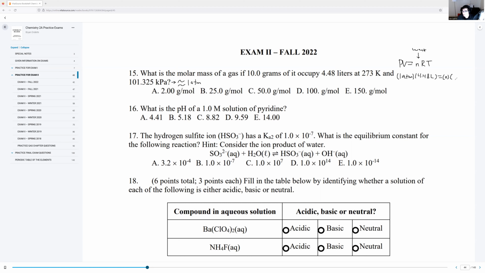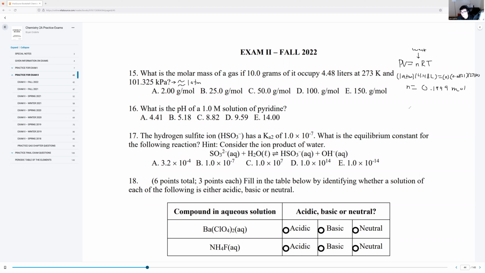And then we use R, 0.0821. And then temperature is 273 Kelvin. Then you solve for n, you just divide both sides by 0.0821 times that. And you get n is equal to 0.1999. I'm just leaving the decimals so I don't have any rounding errors.